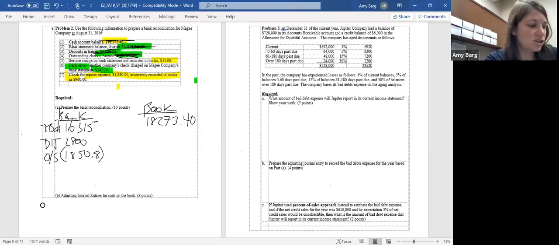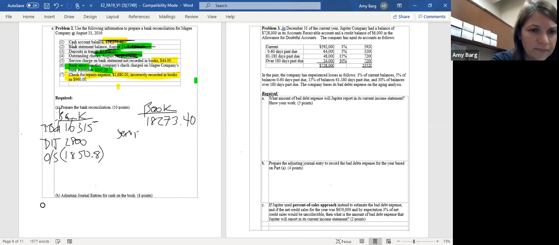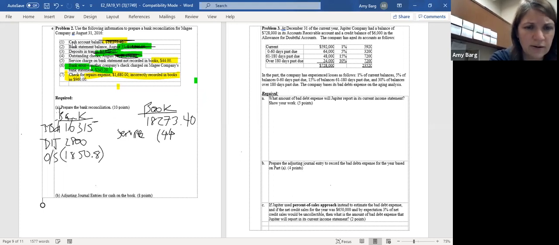Now it says service charge on bank statements not recorded in the books. So this is something that we decided was a book thing. So there's a service charge that the bank charges that we haven't recorded. So we have a service fee of $44 that needs to come out of our books.